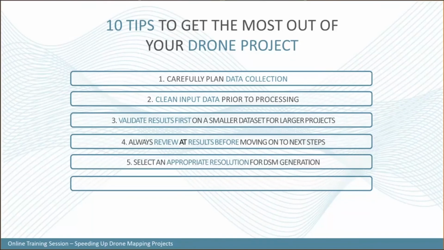Again, select an appropriate resolution for DSM generation. Typically, the DSM takes about 40% of your drone project in processing time. So if at the end the result you're looking for is a mosaic, but you don't necessarily need a highly accurate digital surface model, well, probably 3 times the ground sample distance is way too much for your project.